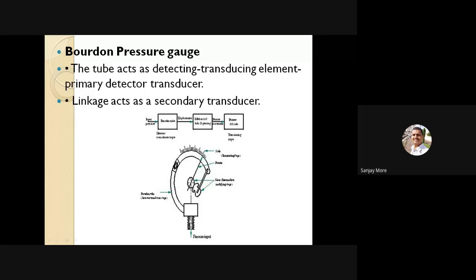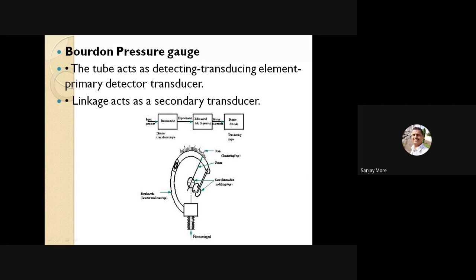Here is the pressure input. Here I apply the air pressure and this air goes to the hollow evacuated tube. This tube is connected to the gear and linkage to the pointer.